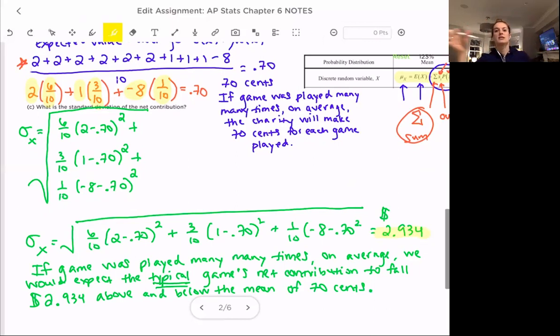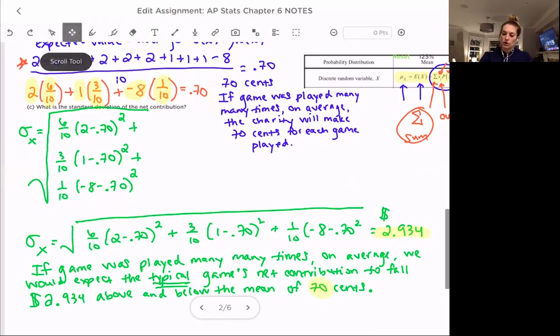So we're seeing some big swings here in terms of the standard deviation. But ultimately, if the charity can get a lot of people to play this game, they're going to make money in the end, because over time that mean net contribution of 70 cents is how the trials are going to turn out in the long run.